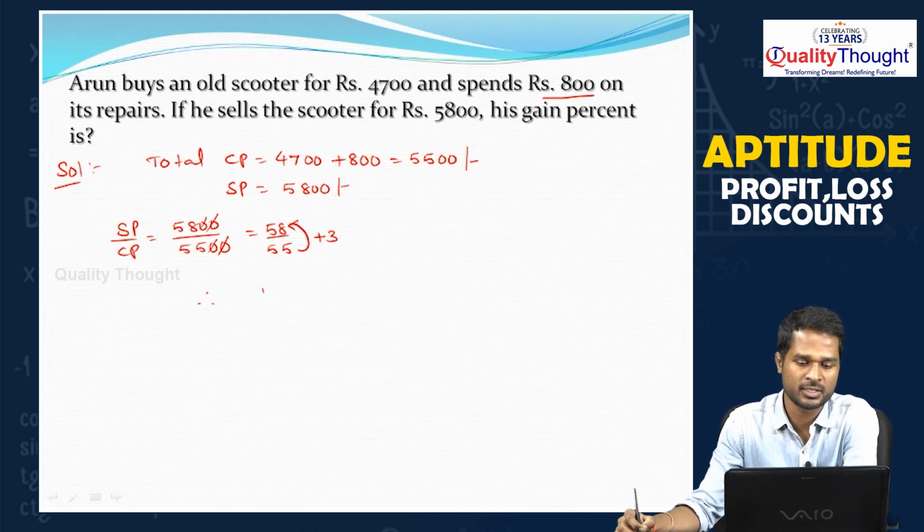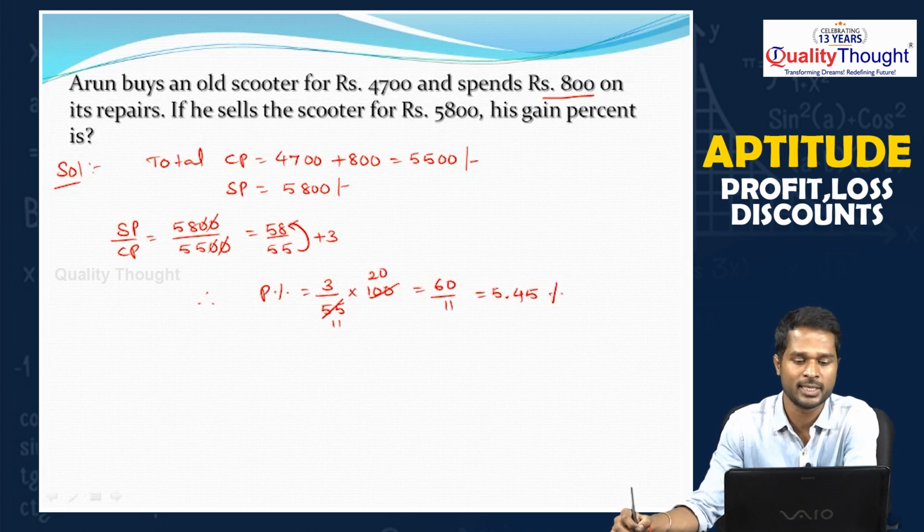So, profit percentage is 3 by 55 into 100 percentage. Okay. So, 5 11s are 55, 5 20s are 100, 3 into 100 is 300, 11 5s are 55, 11 4s are 44, 11 5s are 55. So, 5.45 percentage is the profit percentage in this case.